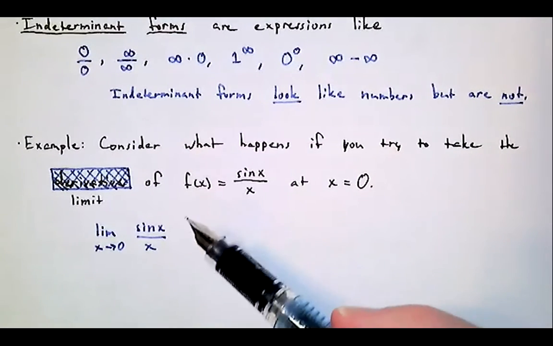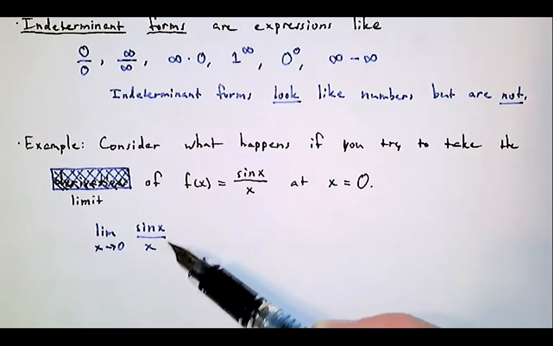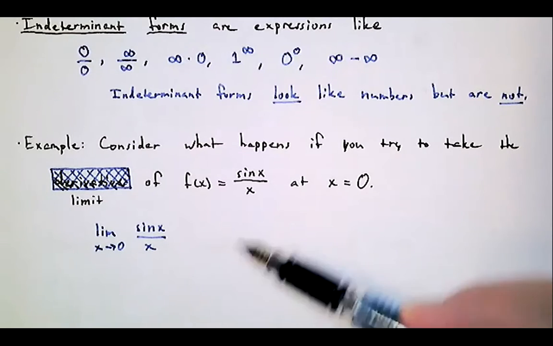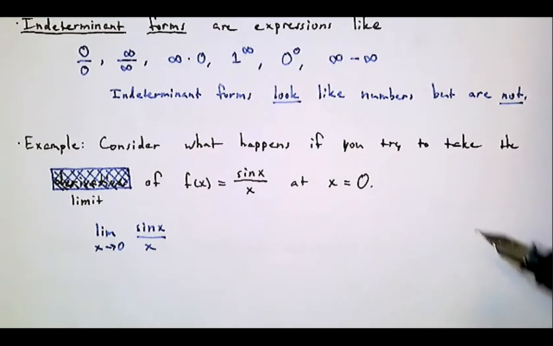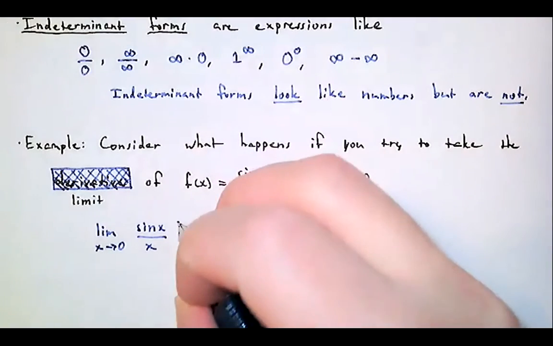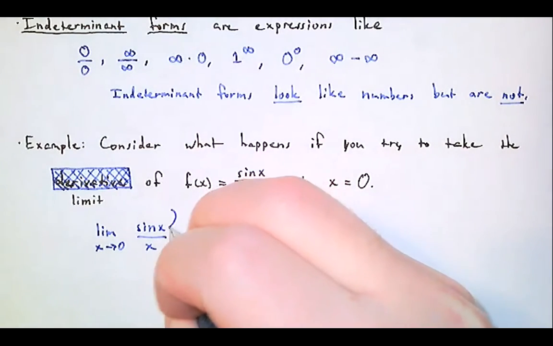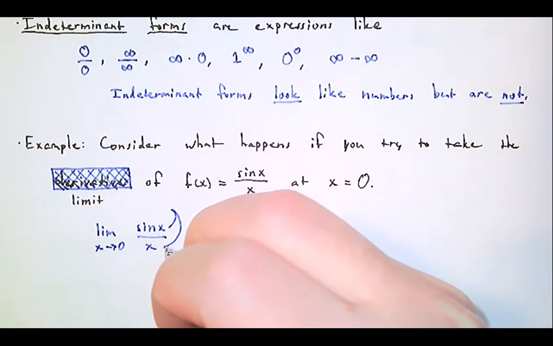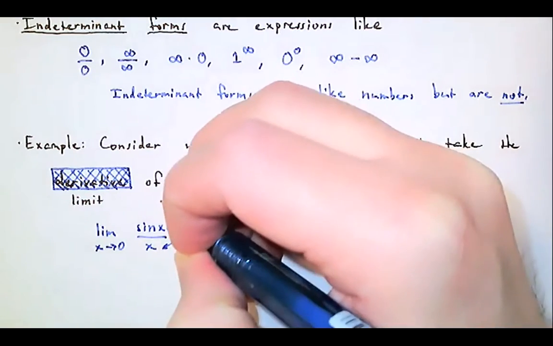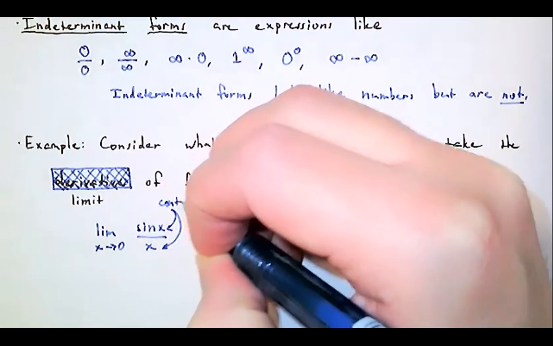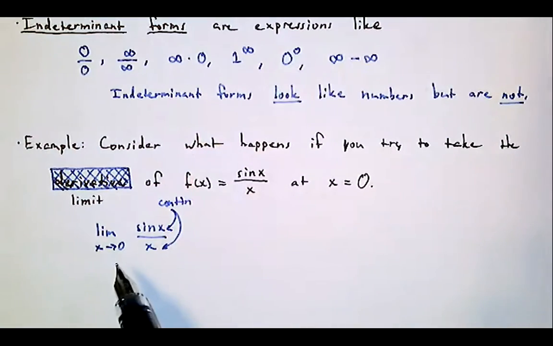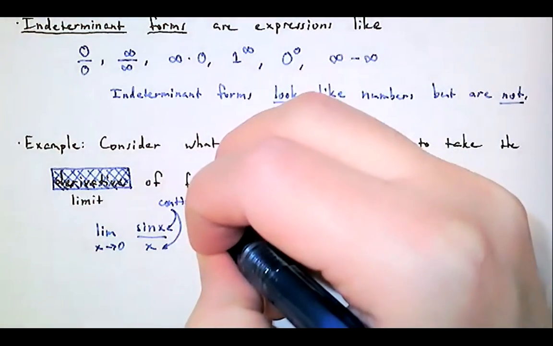And you probably remember that both of these functions are continuous. They're smooth. We can draw them without picking up our writing utensil. And since they're continuous, we should be able to just plug in x equals 0.